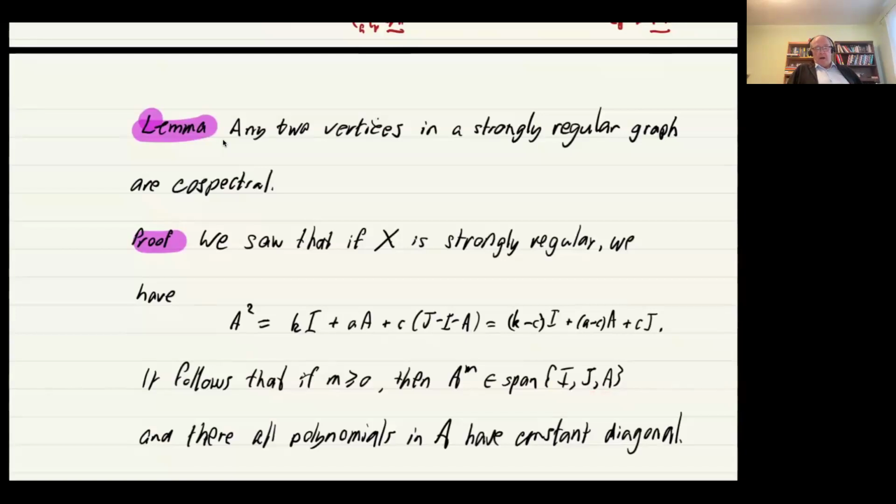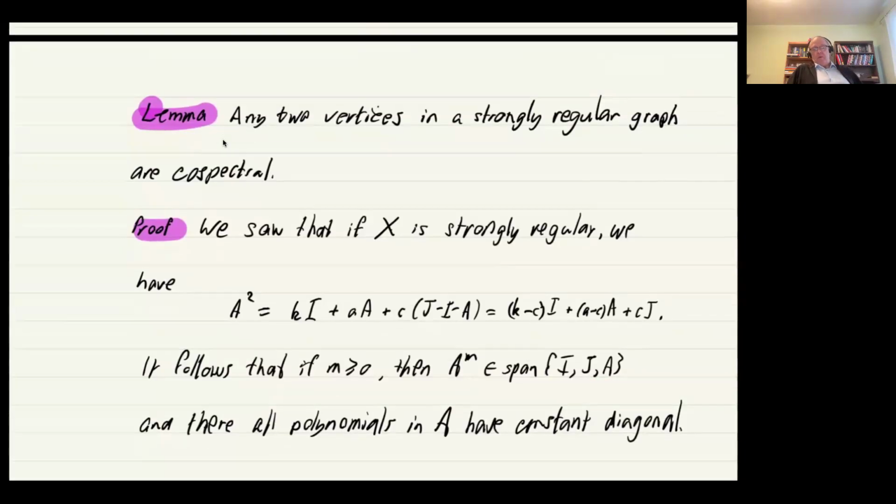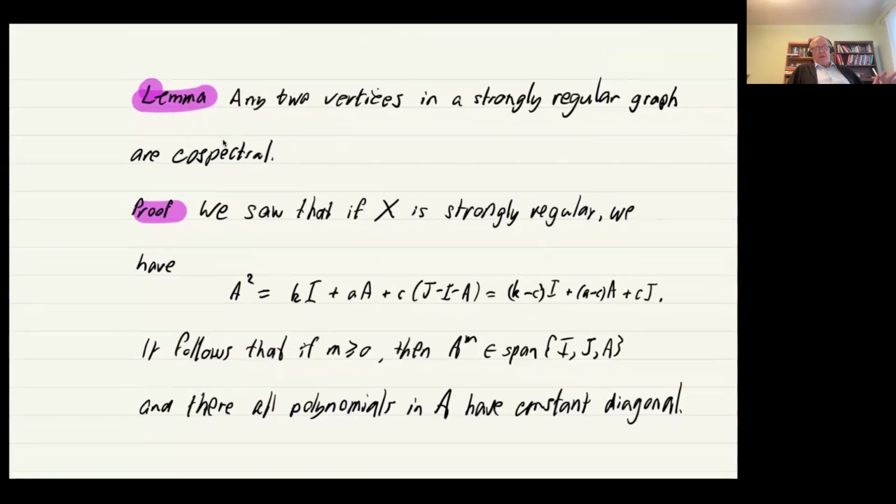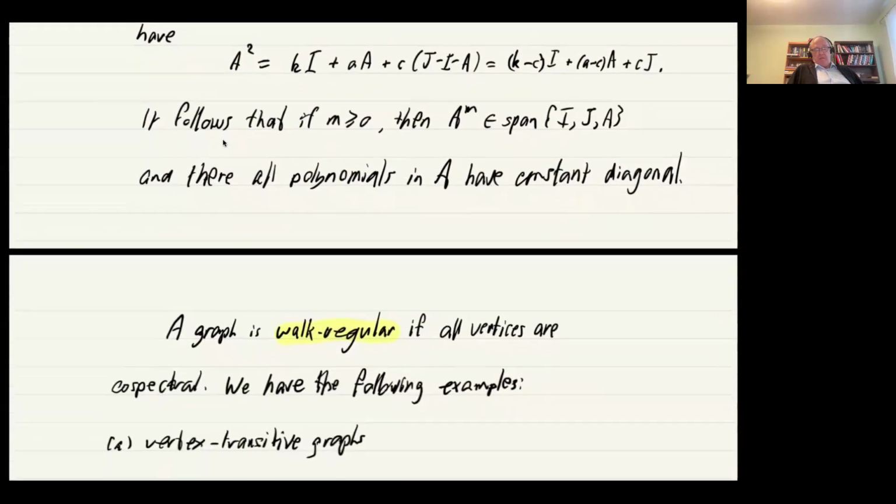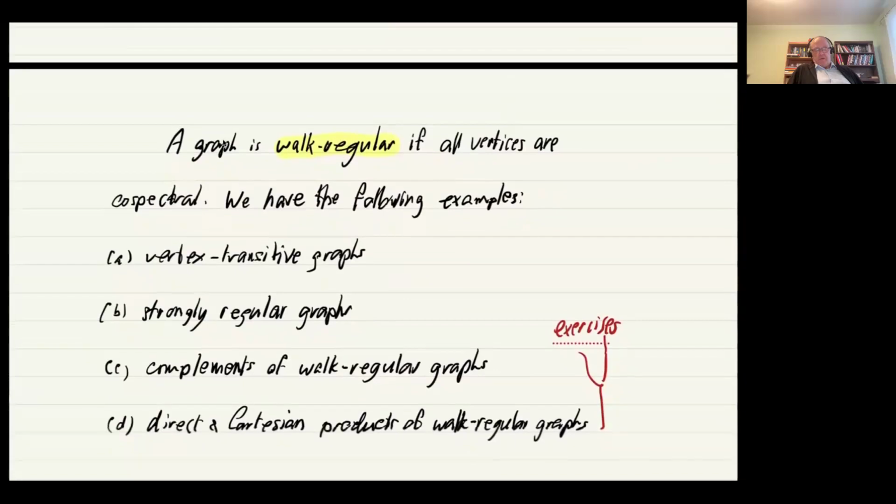So in a strongly regular graph, each vertex is walk regular, so the diagonal entries of A to the k are all equal for any k, and therefore any two vertices are cospectral. This might give you grounds to hope that strongly regular graphs would give you lots of examples of perfect state transfer. It doesn't, as we'll see shortly.